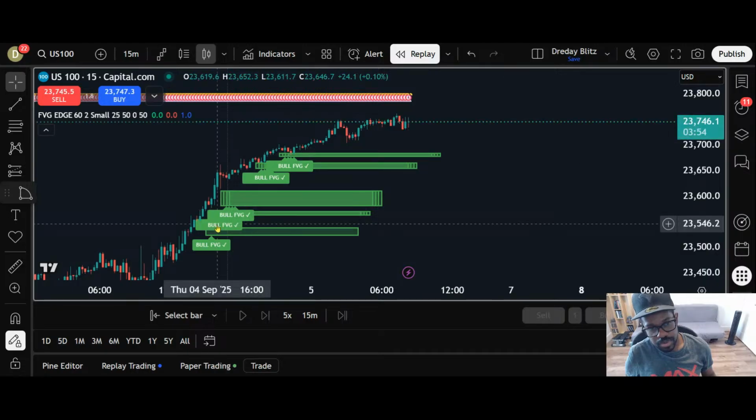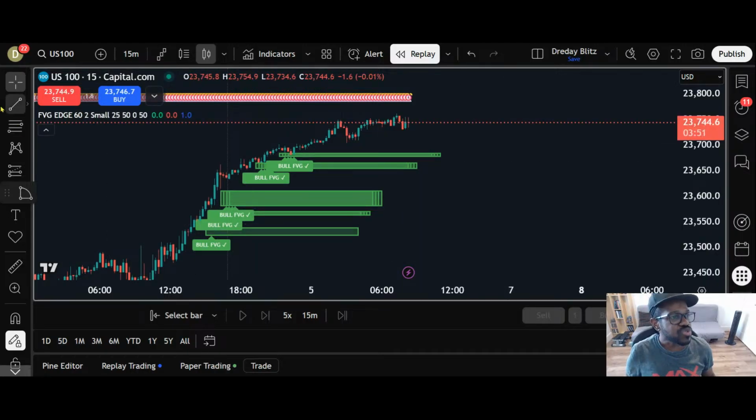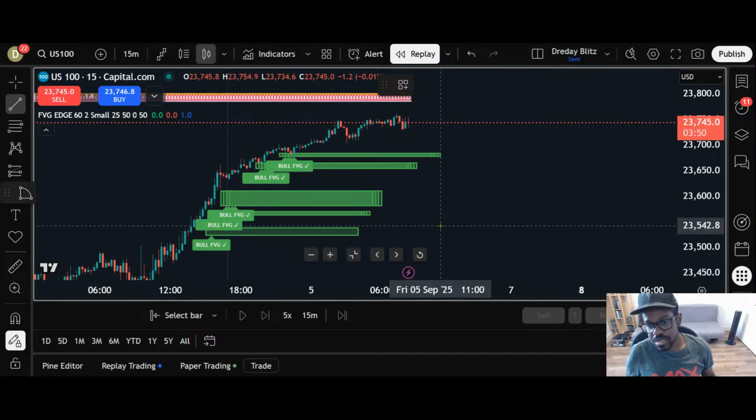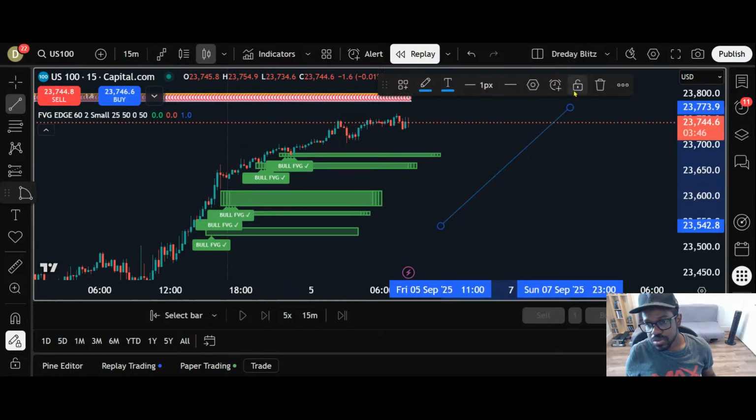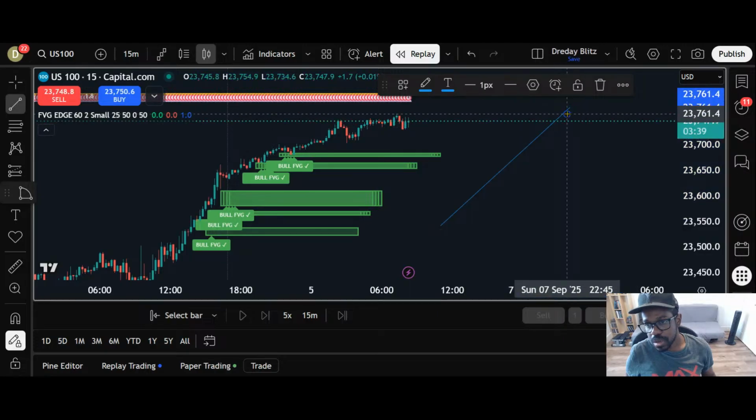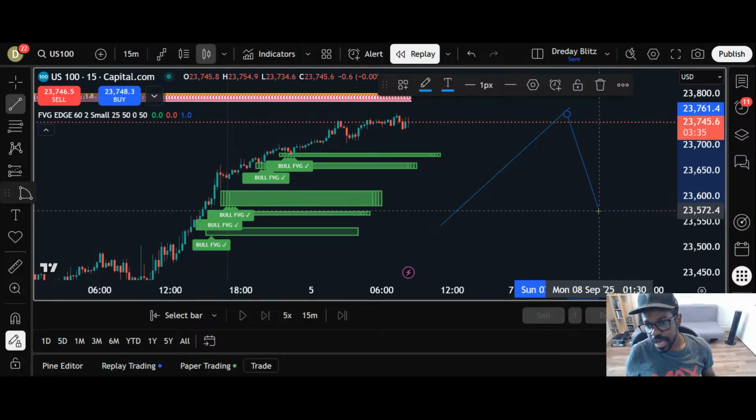All right. Because the price cannot go straight up like this to infinity. It needs to retrace. Usually it retraces at least 50% of that bullish move before going higher.